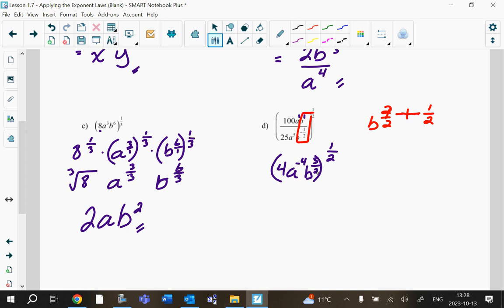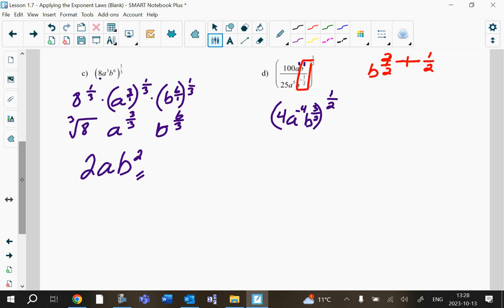This is probably the most complex one we'll work with. Okay, now what? Got to take everything inside and raise it to the 1/2, right? What's 4 to the 1/2? Again, when you see fraction, think radical in your head. 4 to the 1/2 is the same as the square root of 4.